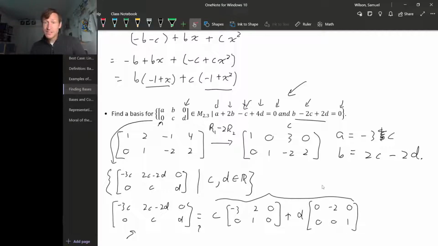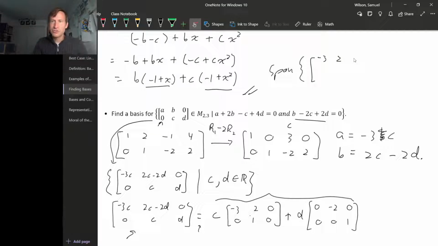All right, so this tells us that this space of matrices up here is equal to the span of these two matrices down here, -3, 2, 0, 0, 1, 0, and 0, -2, 0, 0, 0, 1.